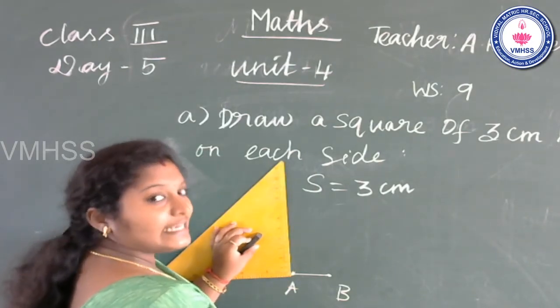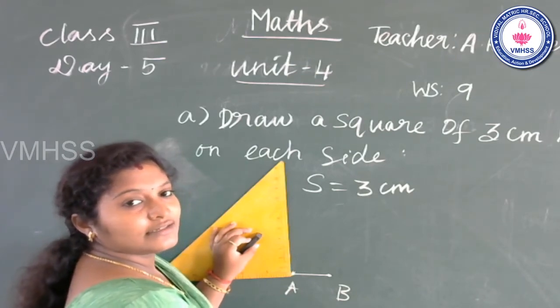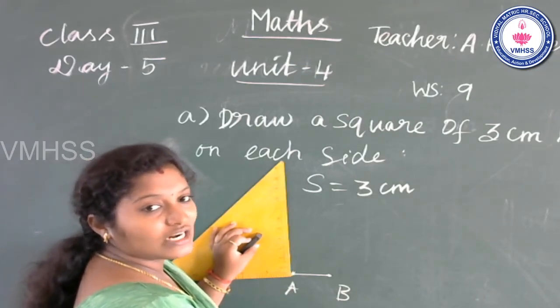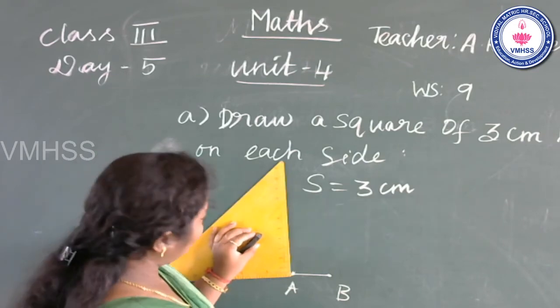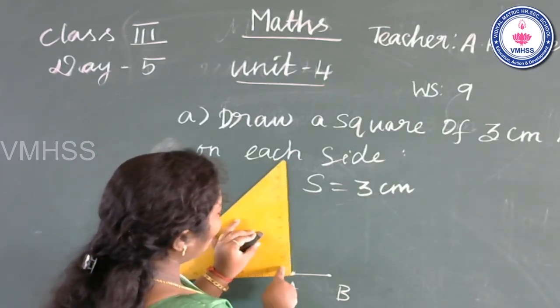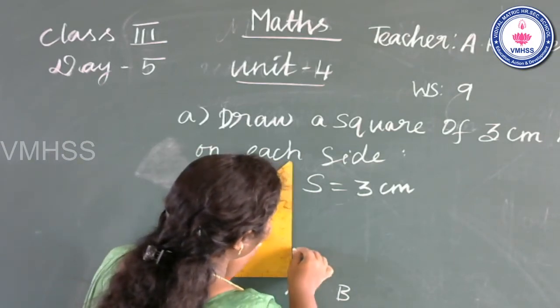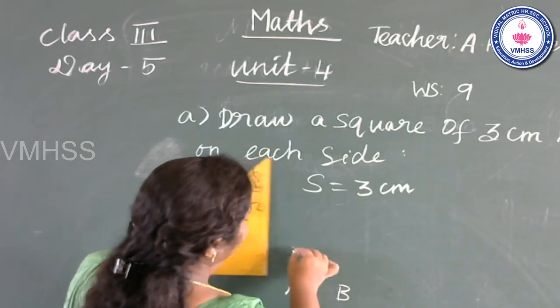So also 3 centimeter. Why do we draw 3 centimeter ma? Square sides are equal, all sides are equal in a square. Okay, so starting from 0, 1, 2, 3. Okay, so next, this is 3 centimeter.